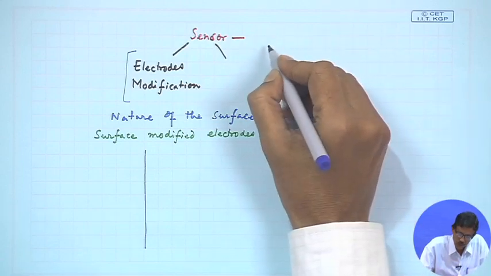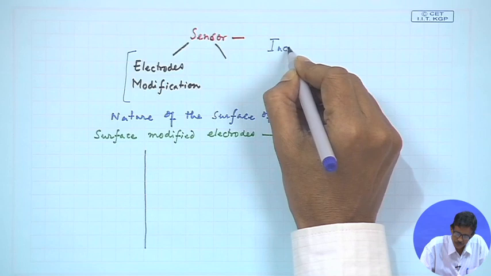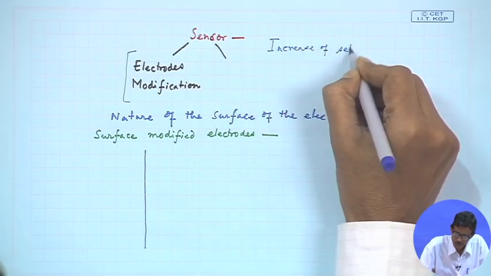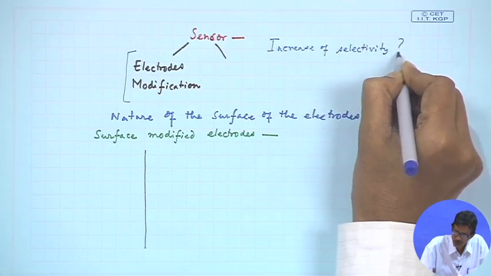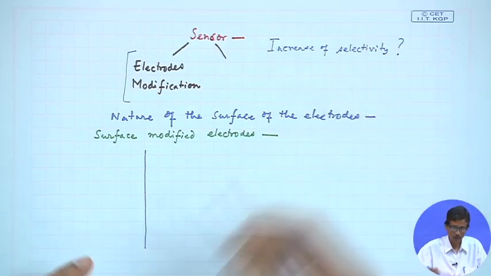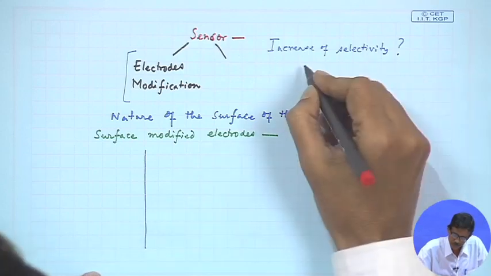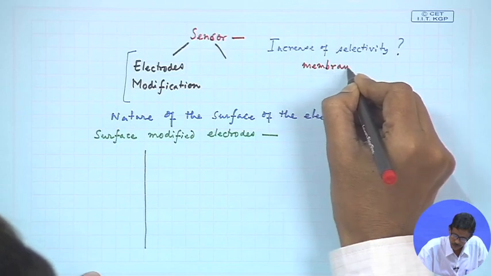How can we increase the selectivity for these species? We can do this by attaching a membrane.